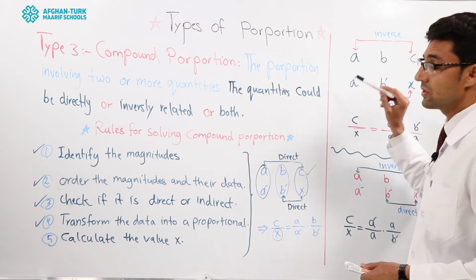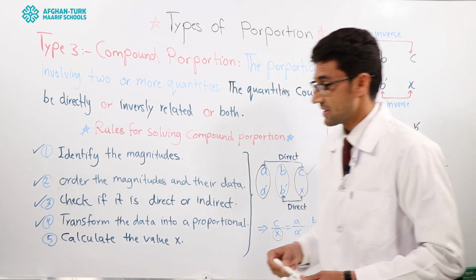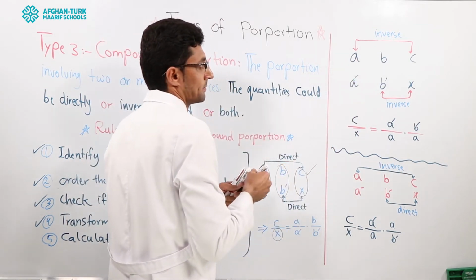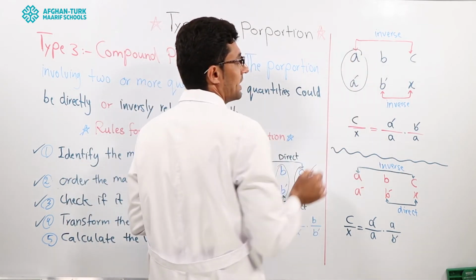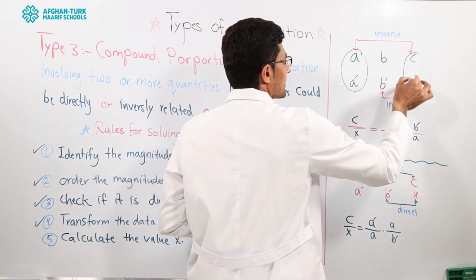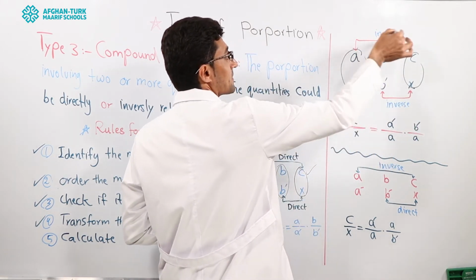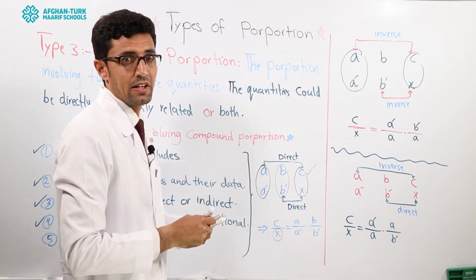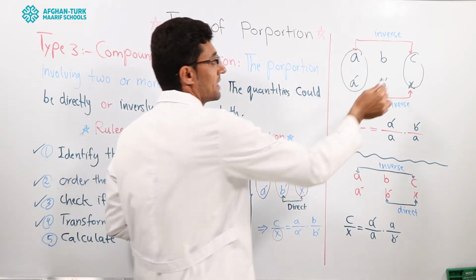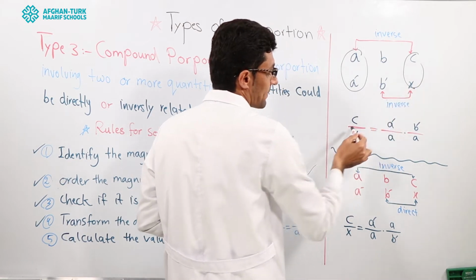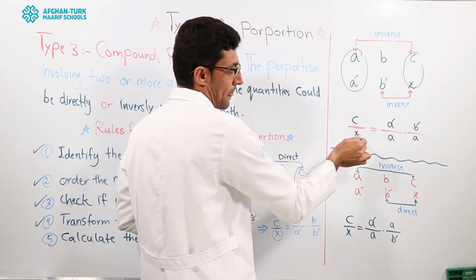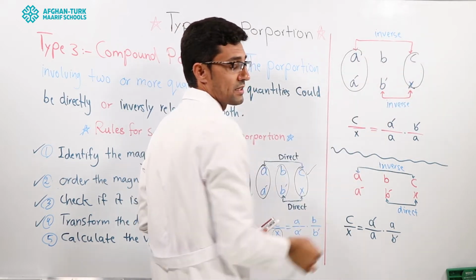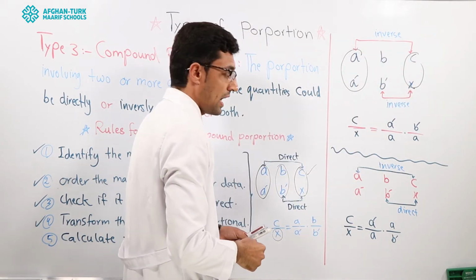But let's do some more types. Here you see that A dash has inverse proportion with C, X. So at first I write C over X. It is equal to, because A dash has inverse proportion, how do we write it?